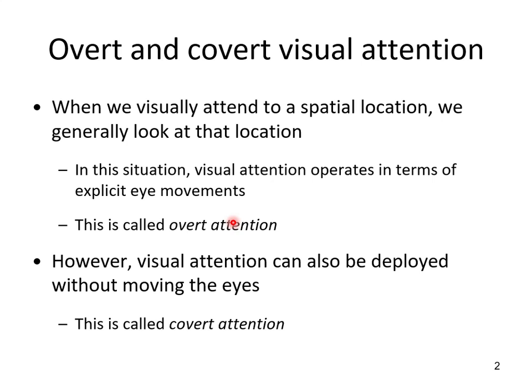And to tell you first, actually we can attend without moving our eyes. If we attend without moving our eyes, this is called covert attention. Covert just means implicit. So you are not really moving your eyes, but you are attending to different places in the visual space.